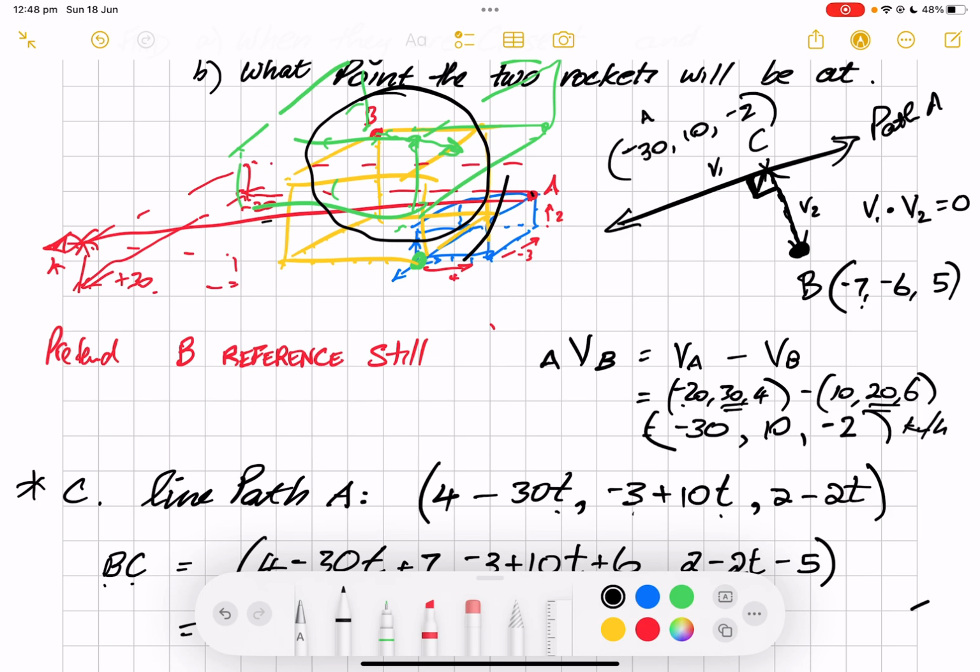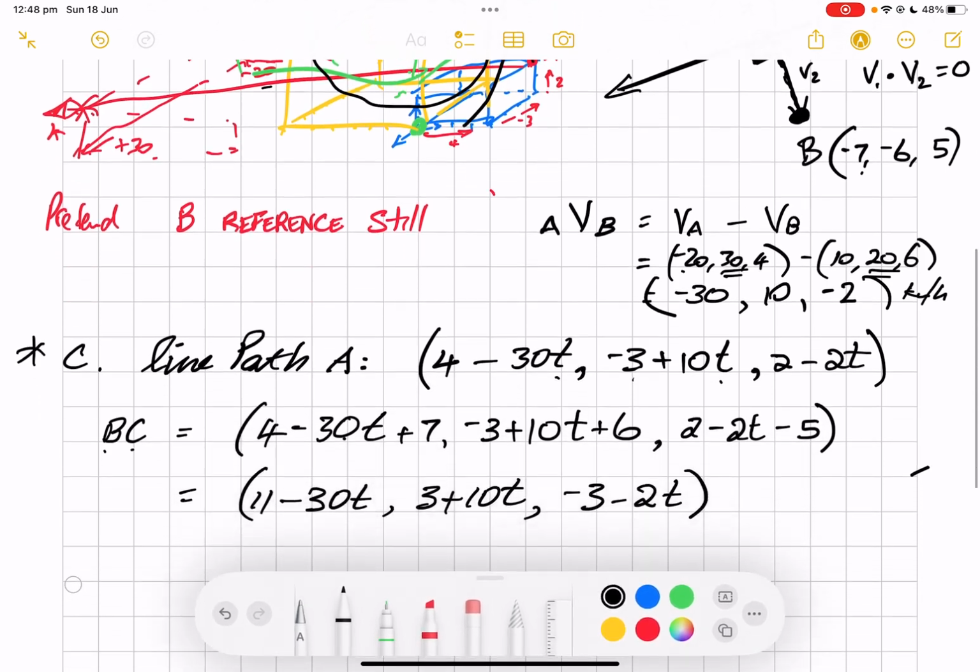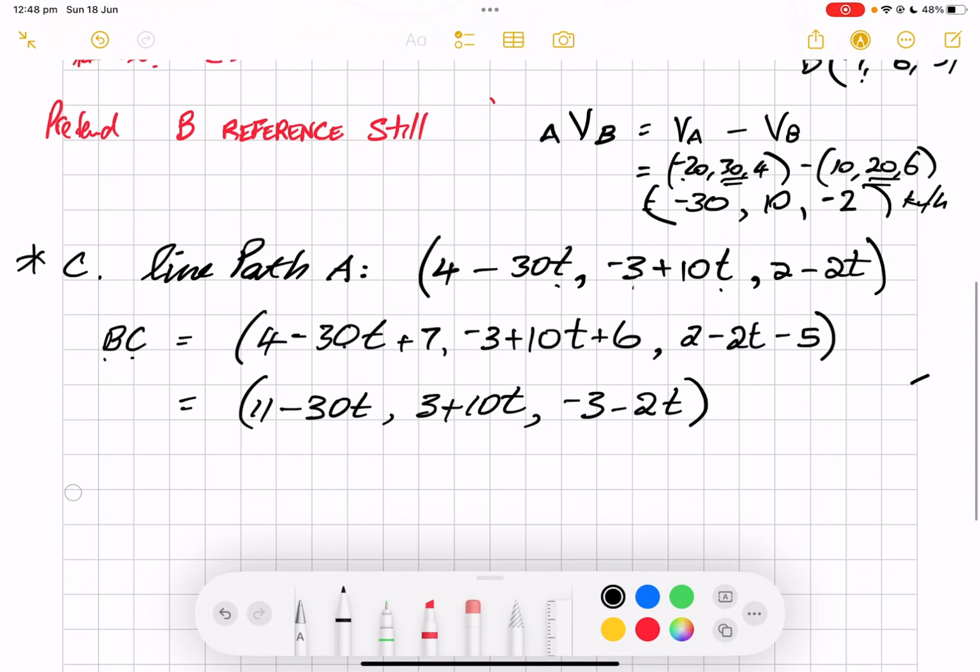And that's the same as A's velocity. We're going to dot that BC with it, and we want that to be 0 for them to be at the closest point.